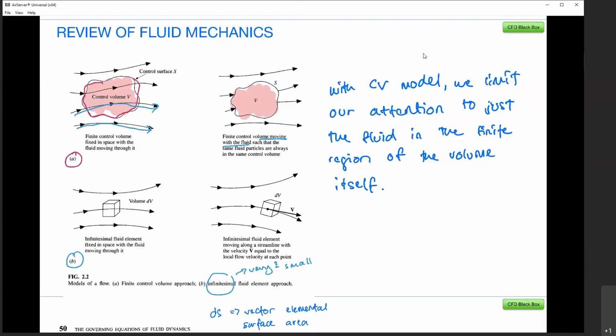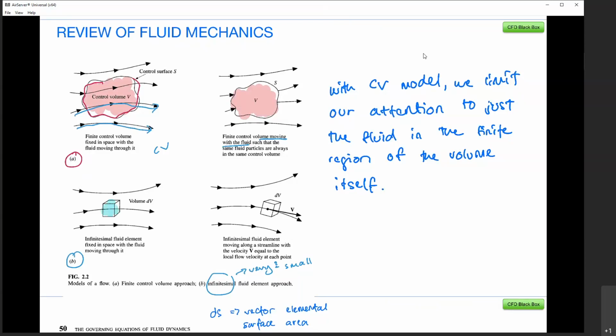So the difference between A and B: the first one we have a control volume, which means there is a quite large volume. Finite means there is a substantial amount of volume. For B, infinitesimal means we have a very small volume, part of the element. We just focus on the very small element of the volume.